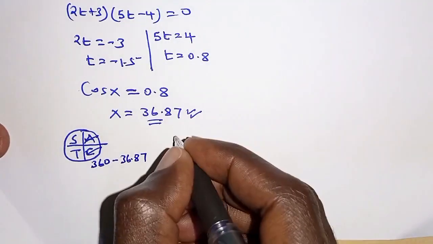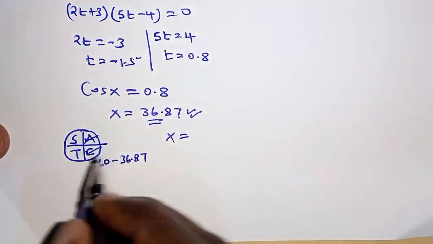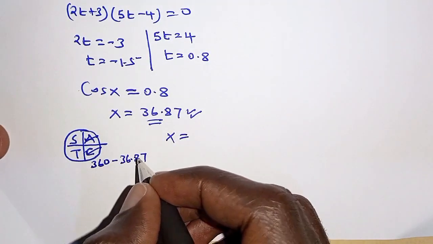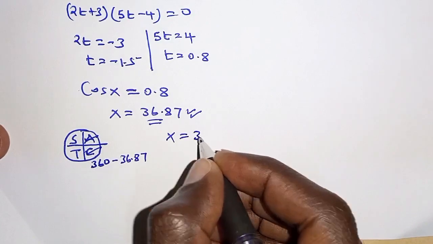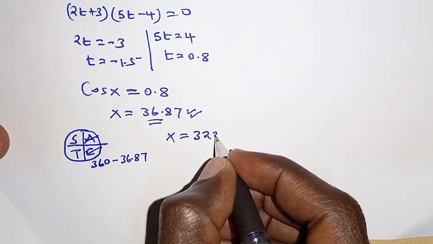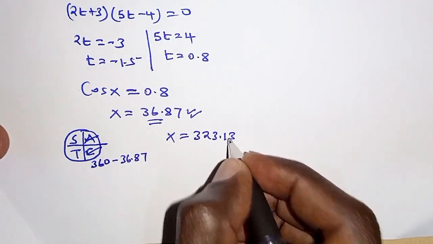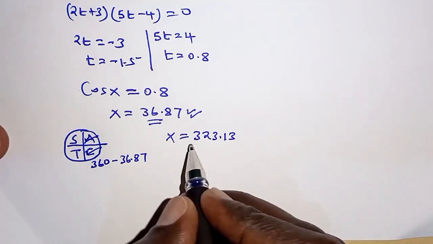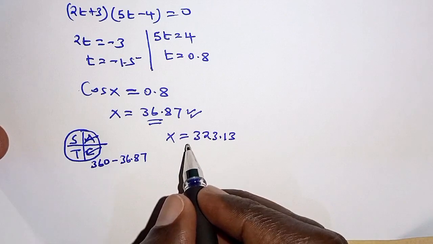And therefore, the value of x we'll obtain is 360 minus 36.87, and that should be 323.13. Now this already lies in the range that you are given, that is 270 degrees to 360.